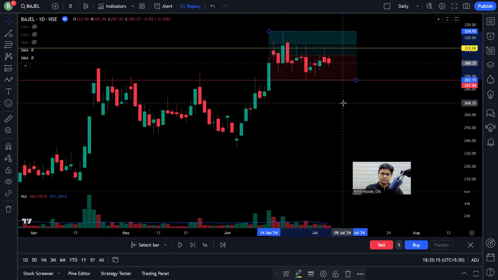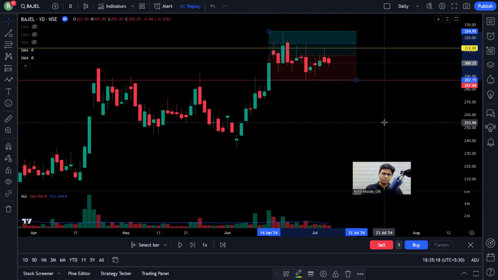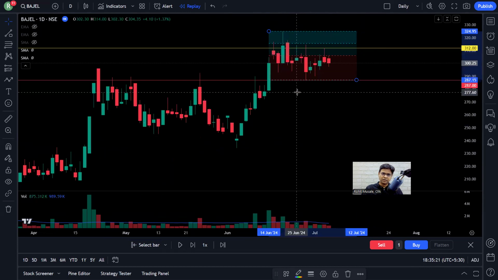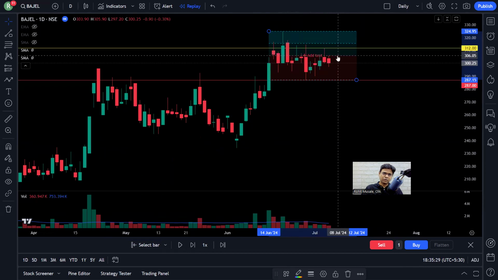So as you can see here, there is not much price action in the upper half of the base. Okay, most of the candles, I would say the base started from here up, except this candle. All the other candles have closed below the red line, which is the midpoint of the base.